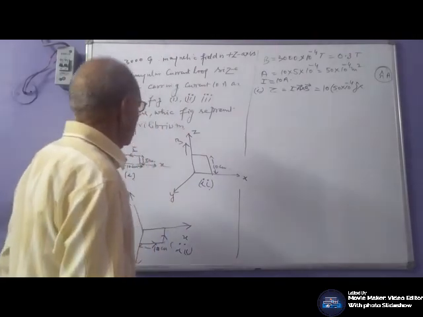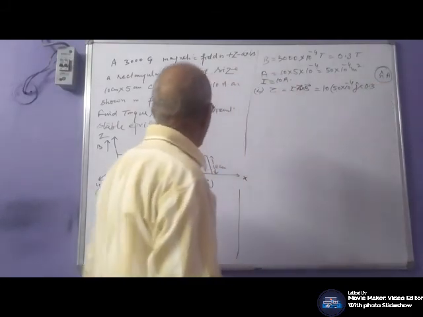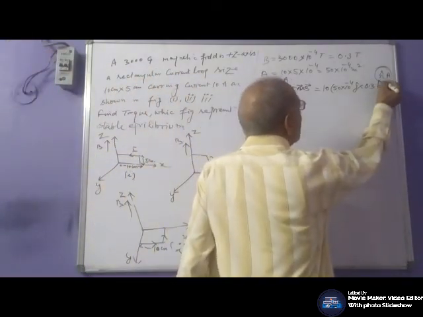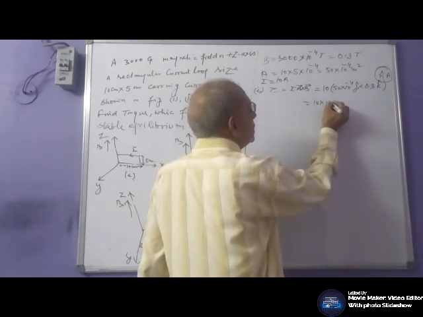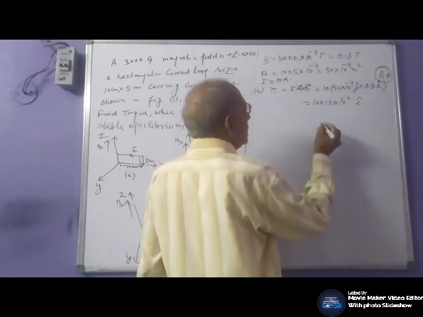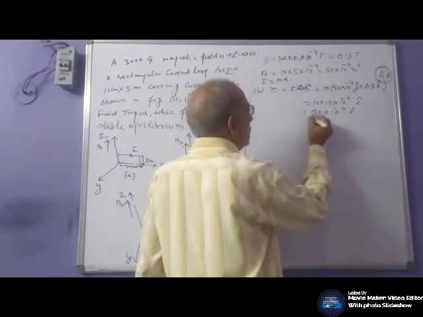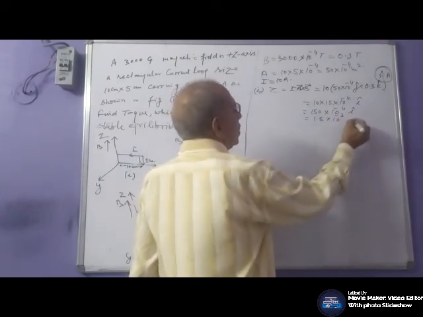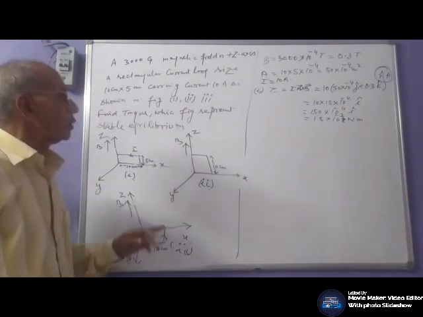Cross B. B is 0.3 Tesla, it is along Z. Z means K. J cross K is I. So torque is 5 times 10 to the minus 2 Newton meter, along I.